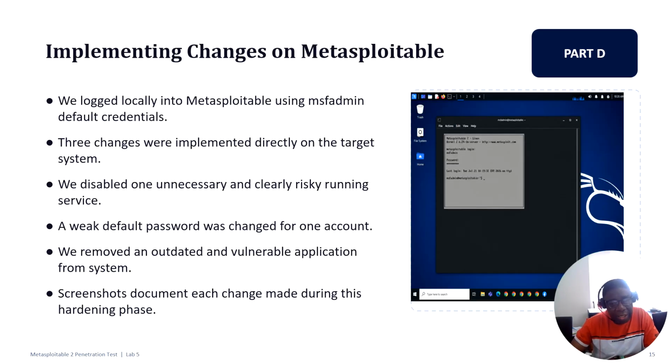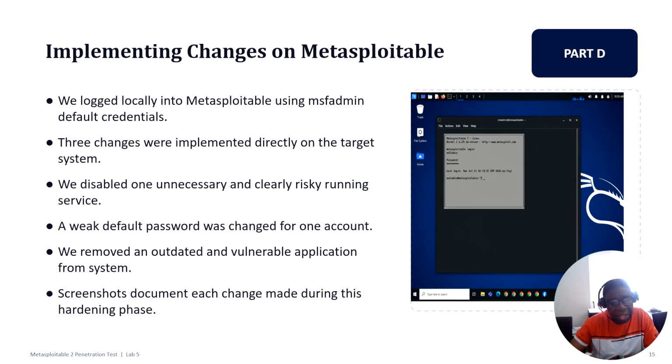This is part D, where I actually made changes to the system. I logged in locally to Metasploitable using the default MSFadmin credentials. From there, I implemented three specific changes.